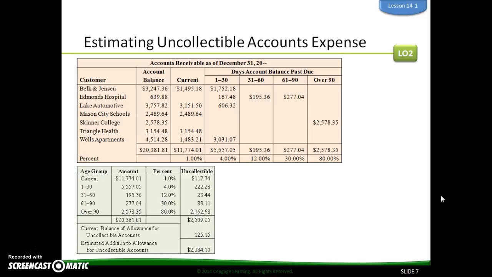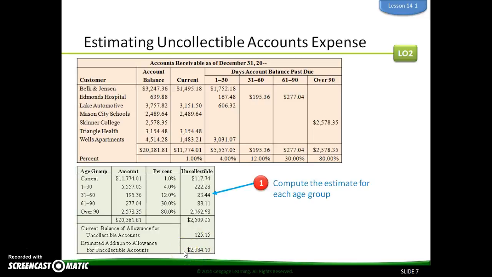And we figure out that we currently would have an uncollectible amount of $2,509.25 right here. And then you say the current balance of allowance for uncollectible accounts is $125.15, and you subtract that. So you would say the estimated addition that we are going to have to make to our uncollectible amount is right here.